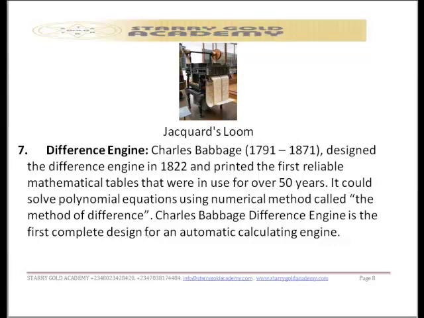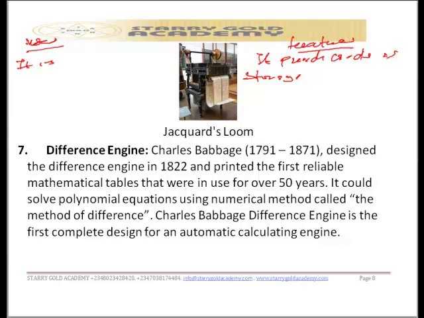The uses: this machine is used for weaving. It was used for weaving.